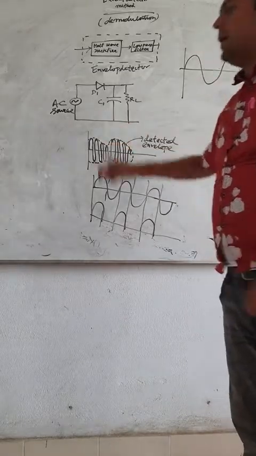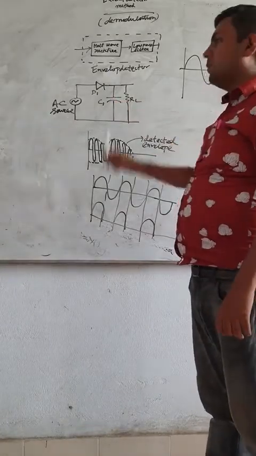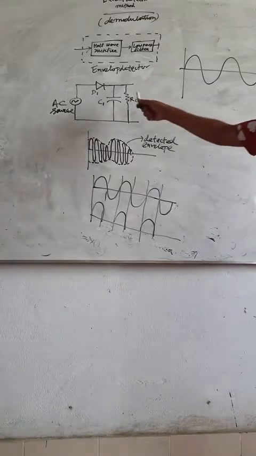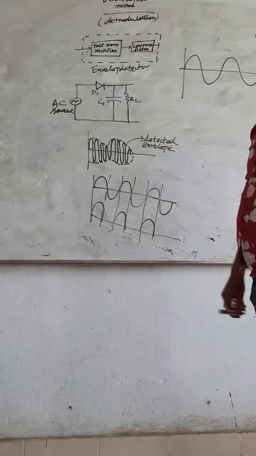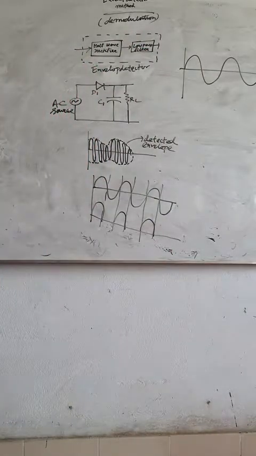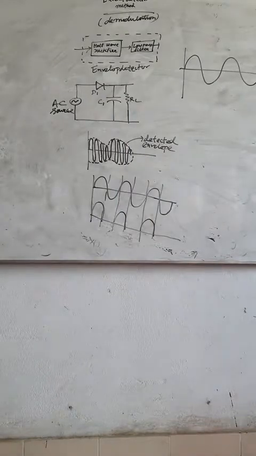Here, this filter capacitor will act like a DC blocker. It will block the component at high frequency and it will allow all the DC component to pass through the load resistance. So at the load we will get pure ripple-free DC components. So the AC signal will be converted into DC by using the half-wave rectifier.